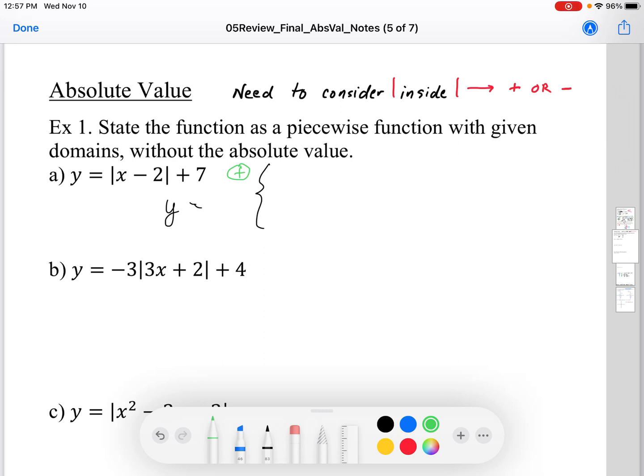So the domain for the positive portion is, we look inside here and determine the domain which is going to make that inside positive. So that's going to be when x is greater than or equal to 2. And then we can just write this equation, take away the brackets, as x minus 2 plus 7, which we can then simplify to x plus 5.